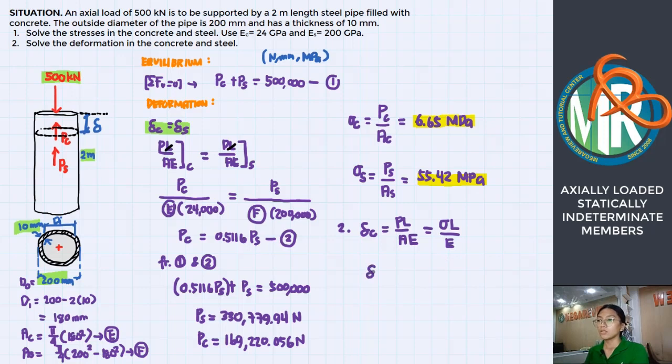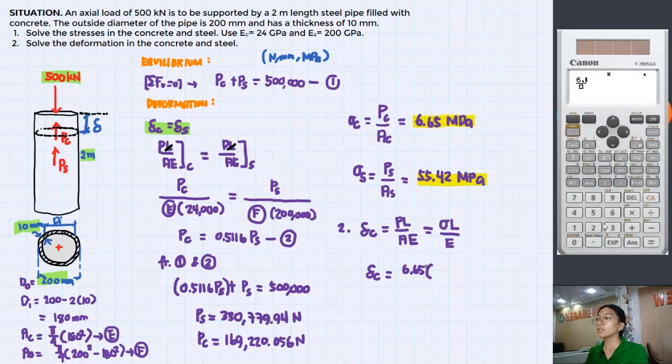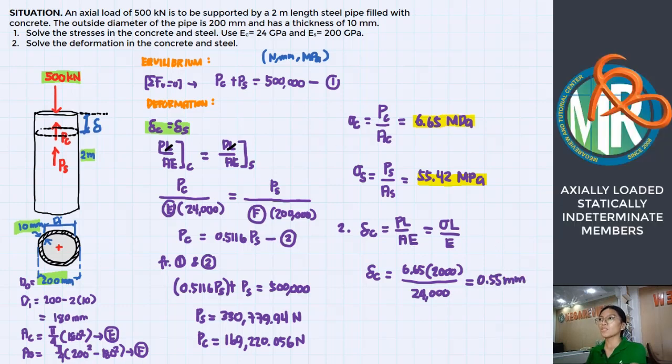Okay? So for the concrete, this would be 6.65. Length of the concrete is 2,000 millimeters. Elasticity of the concrete is 24,000 megapascal. And this is 0.55 millimeters. Right?